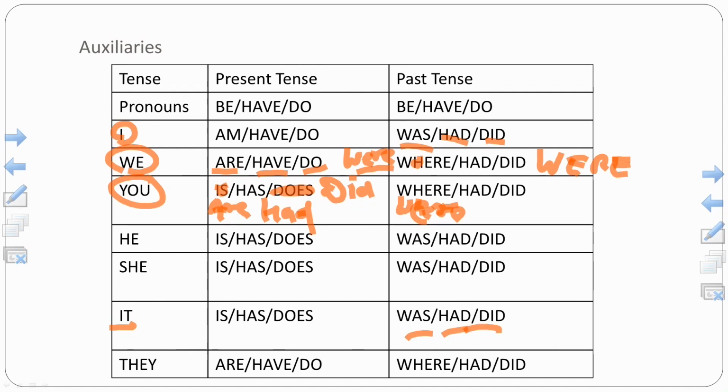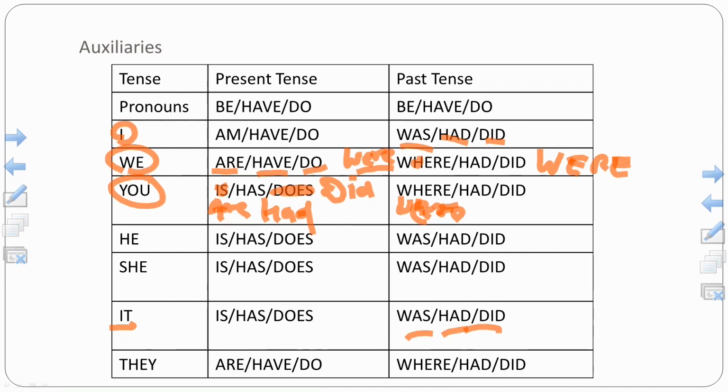So we just need to remember three things, that in present tense there will be a single person. If there is a single person, then it is I am, I have, I do. But if you convert that into past, it will become I was, I had, and I did.